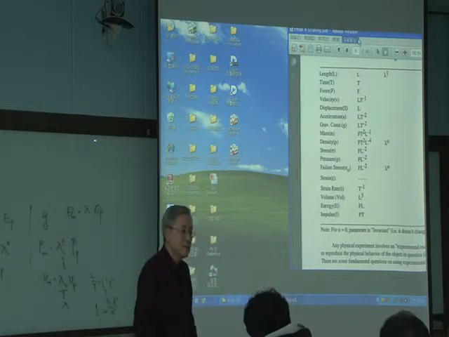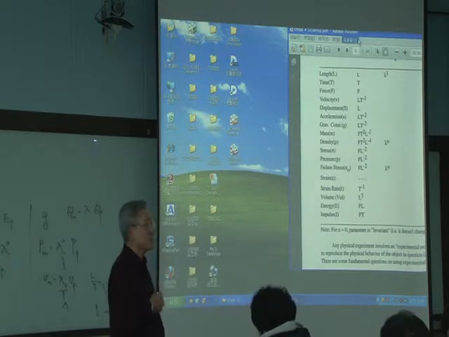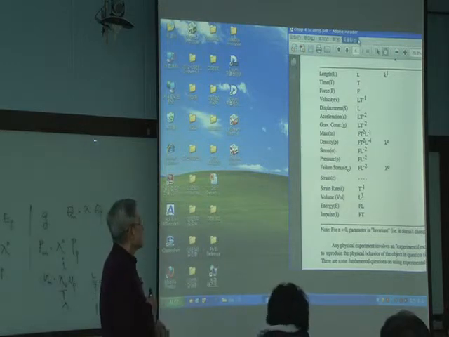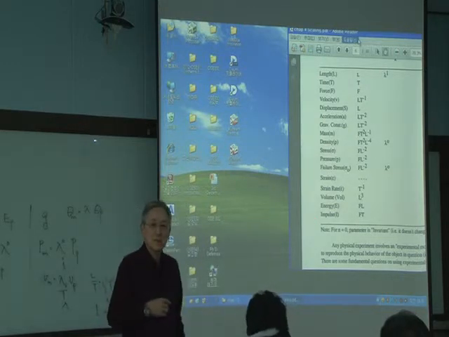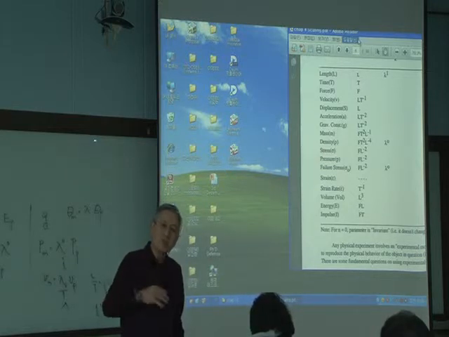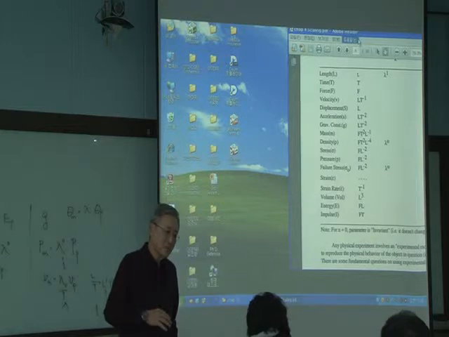Invariant, right? No dimension. What about strain rate? When you say strain rate, it is per unit time, right? Which is lambda to the minus 1.